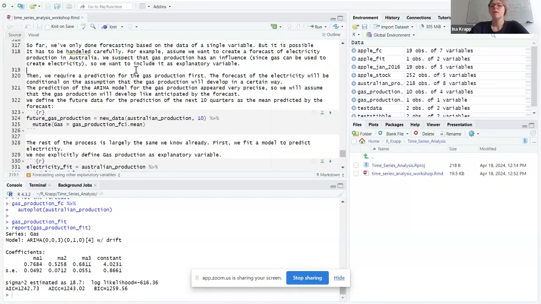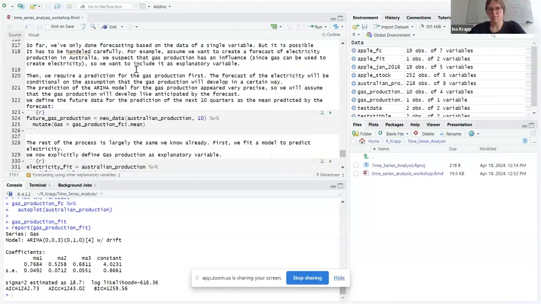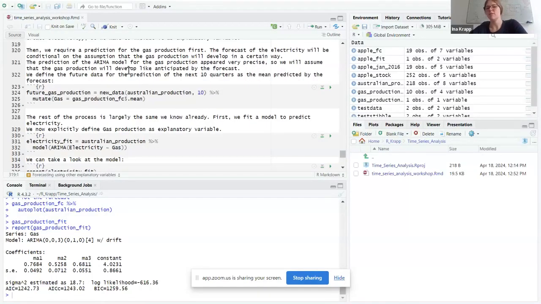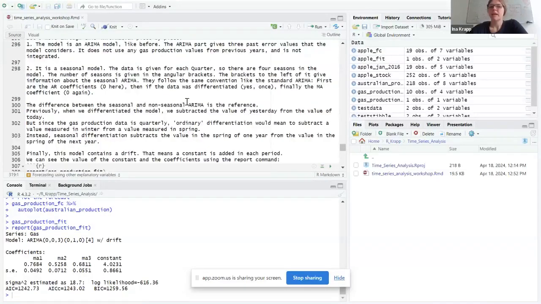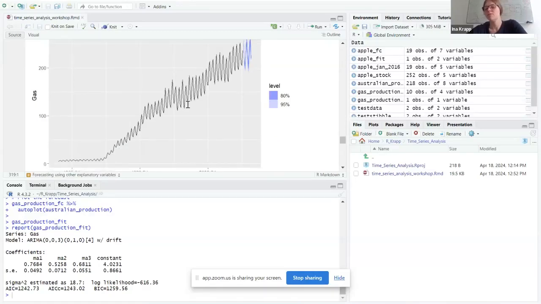Now, it is possible to create a forecast using not only past values of the variable we try to forecast, but also of other explanatory variables. But it has to be handled carefully. The problem with these kinds of approaches is that we are talking about future values. We don't know what electricity production will look like, for example, 2030.